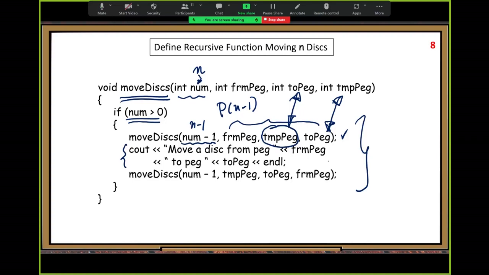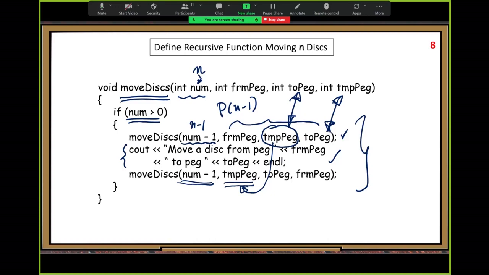After that, we need to do another recursive function call on those n-1 disks, but this time the starting peg is the temporary peg, because we put n-1 disks on that temporary peg.